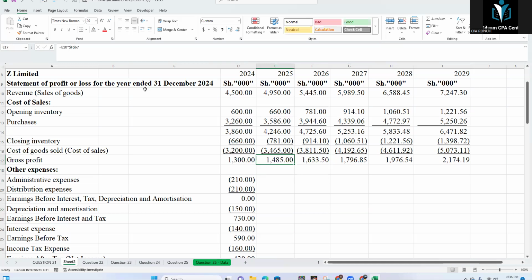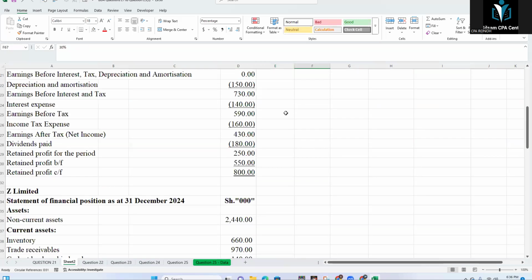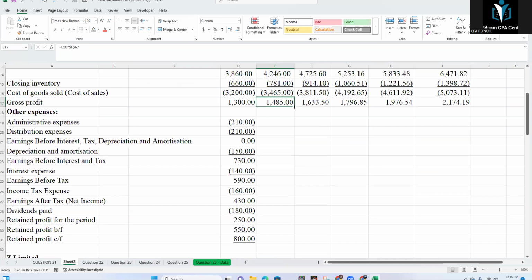You have already got this gross profit. You just take that sales, 4950, that is E10 multiplied by the 30% you wrote here. It gives you this 14. Haya, ukishapata hiyo, drag it, copy mpaka hiyo 2029, itakupea the gross profit zote.